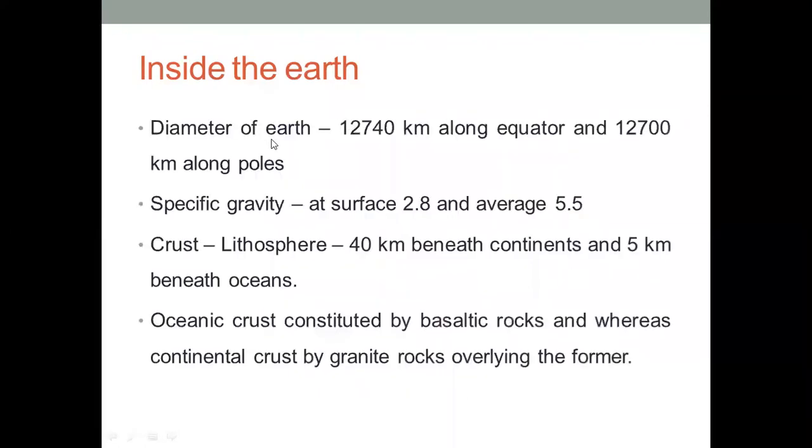Now the diameter of the earth along the equator is 12740 kilometers, and along the poles it is 12,700 kilometers. The specific gravity at the surface is 2.8, and the average is 5.5. The crust has the lithosphere, which is 40 kilometers beneath continents and 5 kilometers beneath ocean.